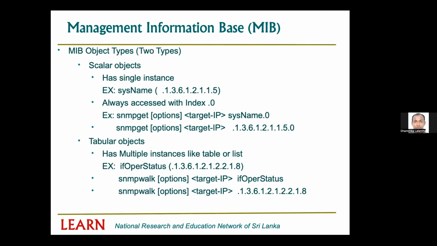Since it has a single instance, normally there will be only a 0 index. Otherwise, if there are three entries, it will have 0, 1, 2. Normally the index starts from 0, not 1, even for interfaces or anything.